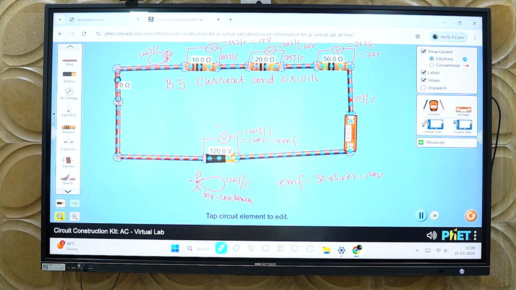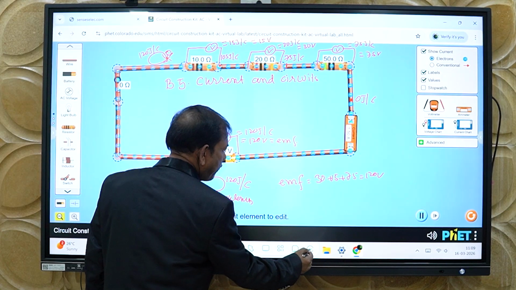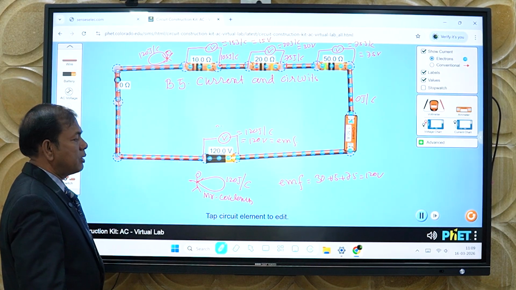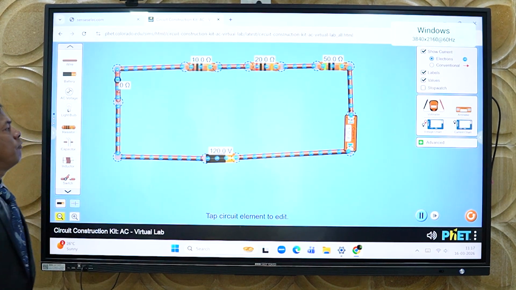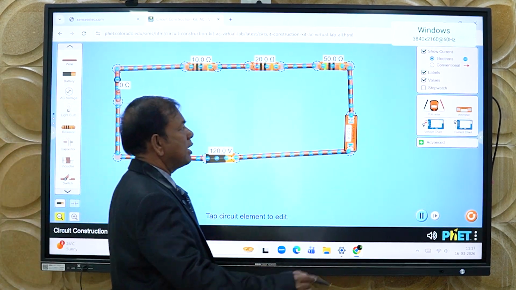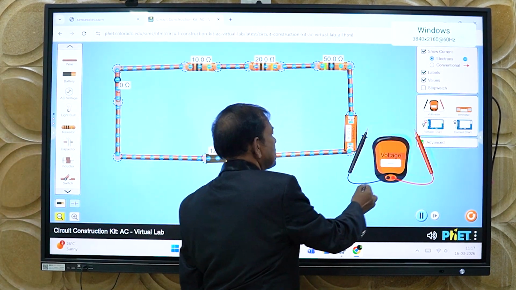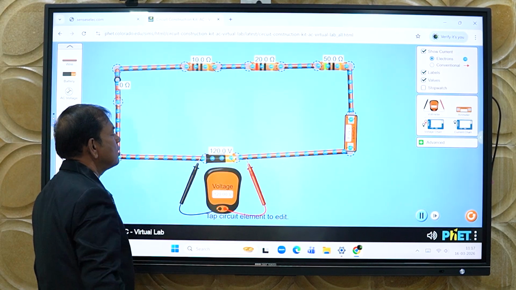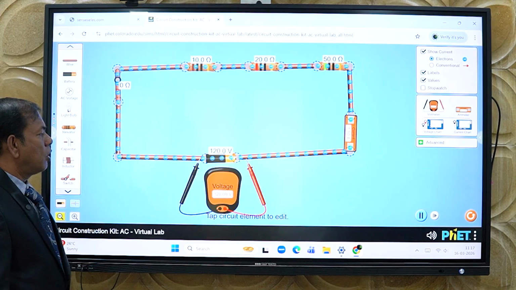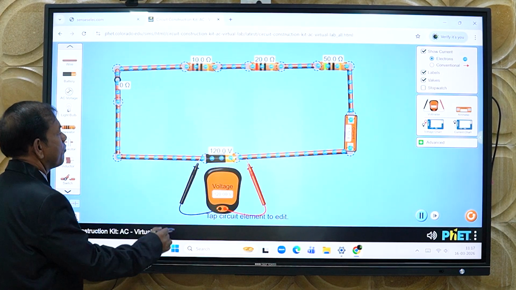Now I can show you by actually adding a voltmeter whether this concept is right or wrong. Let me connect the voltmeter across this. As I said, this voltmeter acts like a calculator. Here Mr. Coulomb has spent some 120 volt, or we can say 120 joules per coulomb.